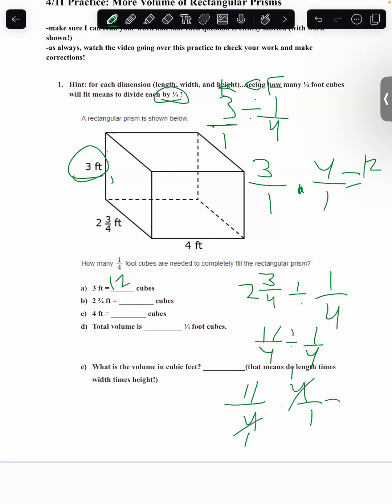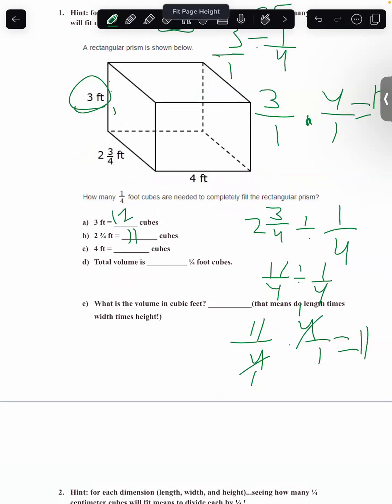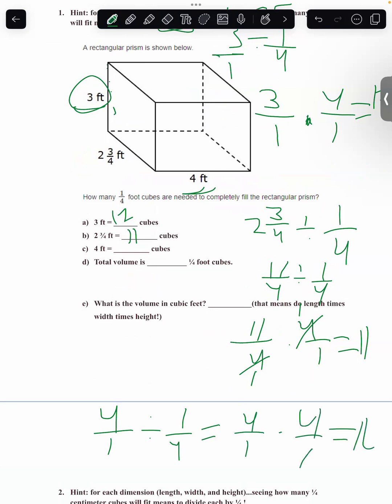Simplify before you multiply, and you get 11 little cubes. If you've got 4 feet, we've got to divide it into fourths. Once we do keep, change, flip, it's 4 times 4, which is 16 little cubes.